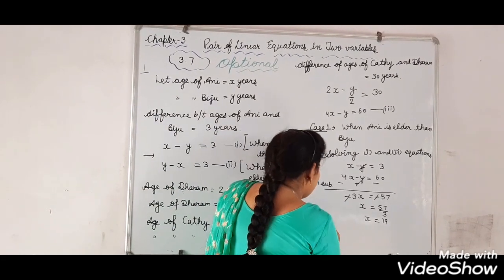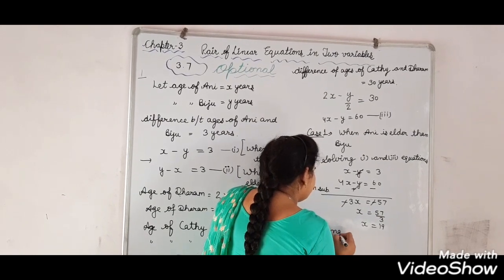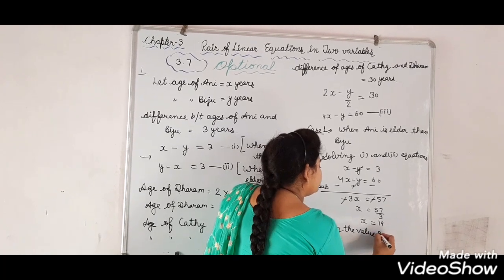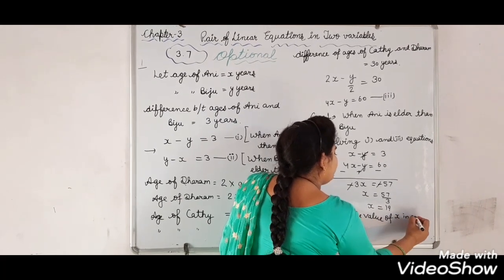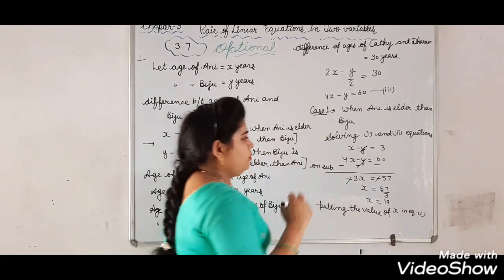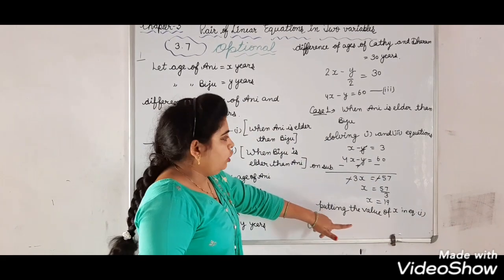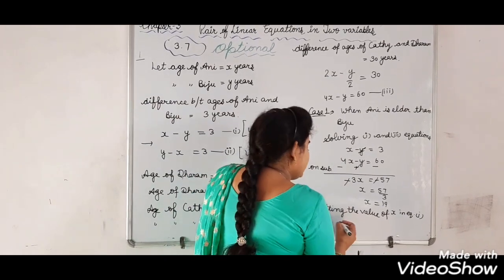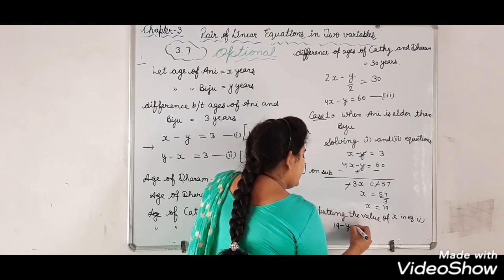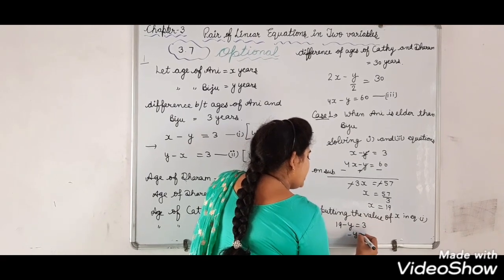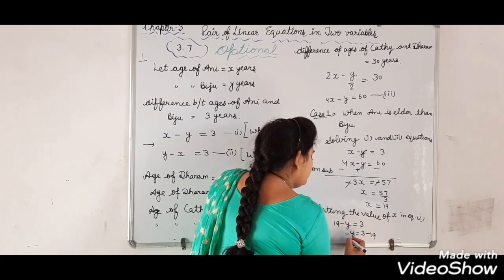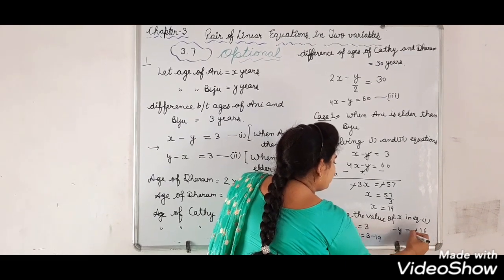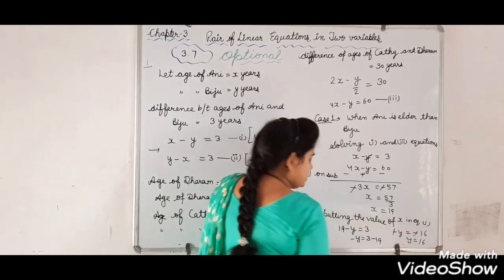Putting the value of x in equation first. Now, one important point. We can put value of x only in these two equations, any of these two equations. x is 19, 19 minus y is equal to 3, minus y is equal to 3 minus 19, minus y is equal to minus 16. So, y is equal to 16.